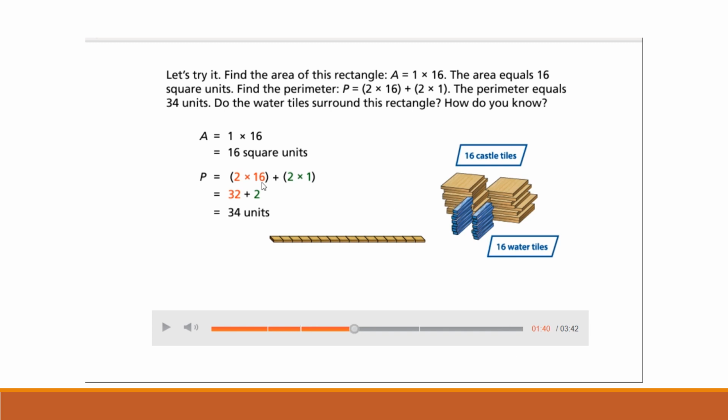So they didn't really show very clearly here what this would be. I mean, if we back it up and built a 1 by 16 array with the castle tiles, what they're saying is, when we measure all the way around, the reason they do 2 times 16 is because it's 2 sides of 16, and then the 2 is 1, 2.